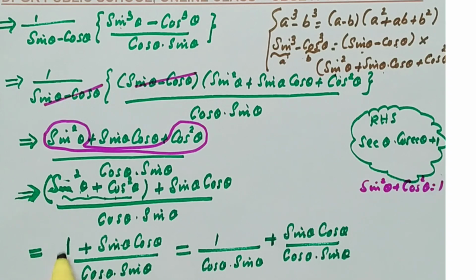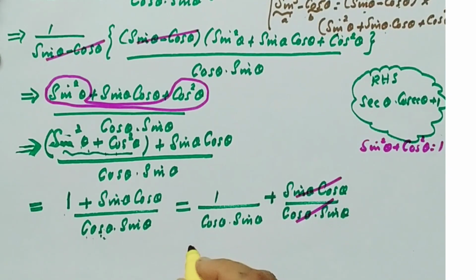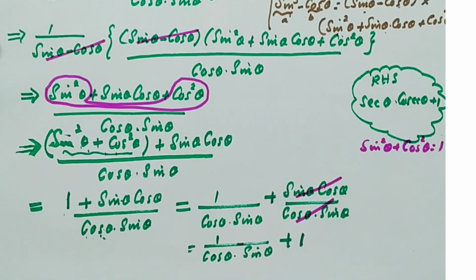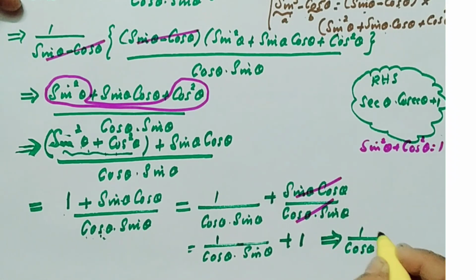Now again sin theta cos theta get cancelled. What remains is 1 by cos theta sin theta plus 1 remains after cancellation.